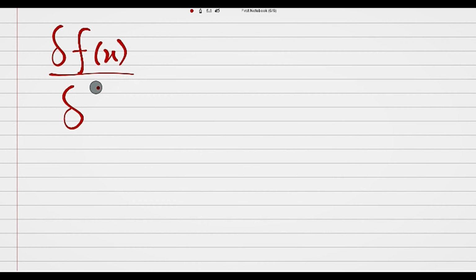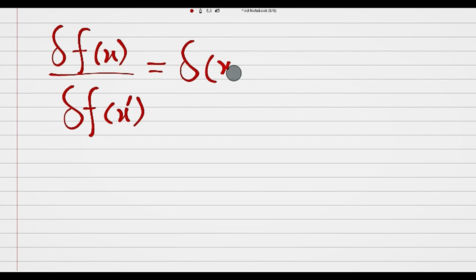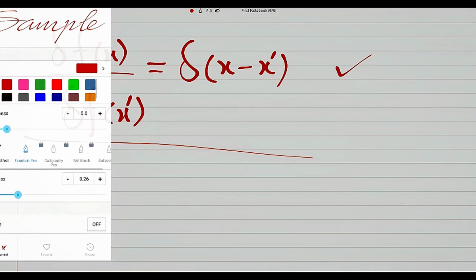If it is being calculated at two different points, x and x prime, it will equal the Dirac delta function of x minus x prime. You will see that multiple times.